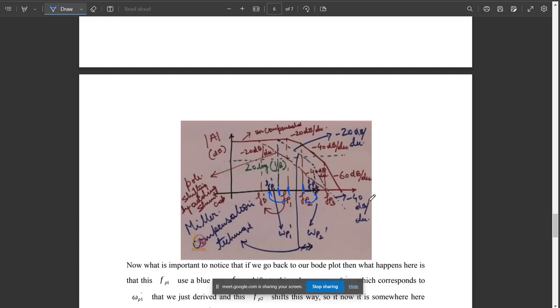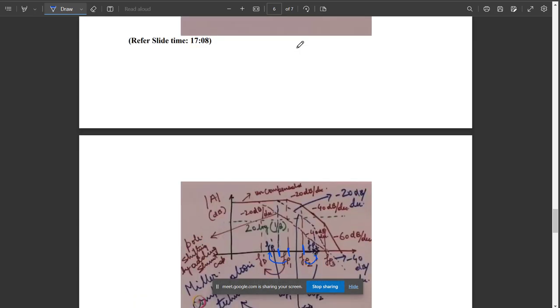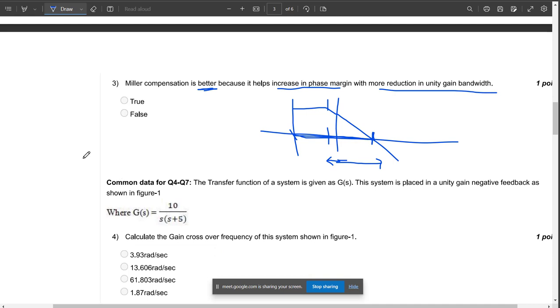So something like this can be said: there were two poles, FP1 and FP2. One decides the stability of the system, the other pole decides the bandwidth.